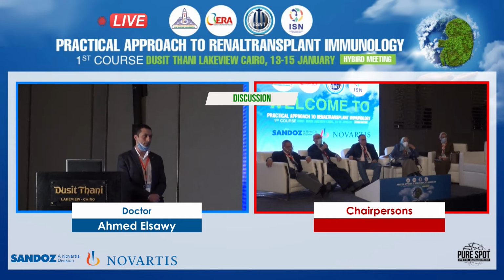For non-HLA antibodies, one thing we need to be careful about is when we casually use the term non-HLA antibodies. We do not use this term when we find a positive cross-match that is not explained by single antigen beads. We call it not due to HLA antibodies. We do not call it non-HLA antibodies.